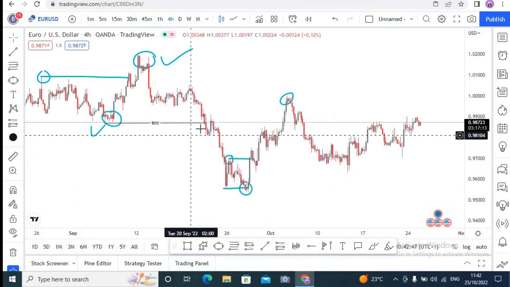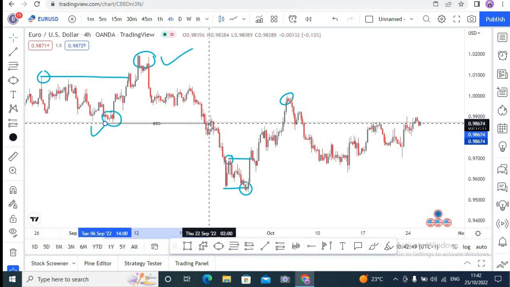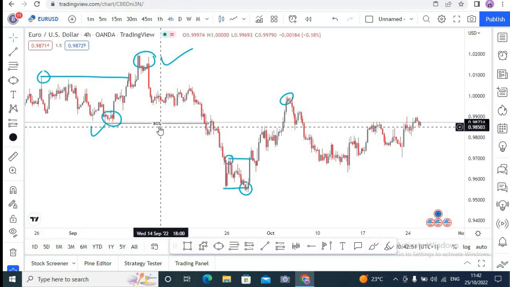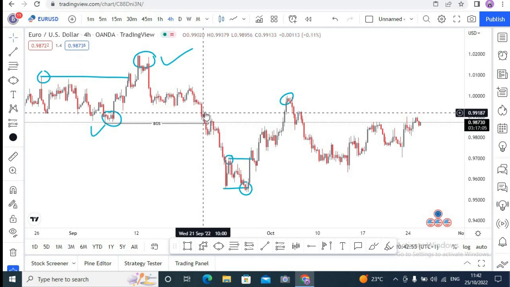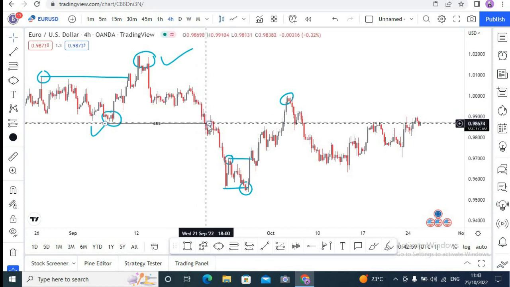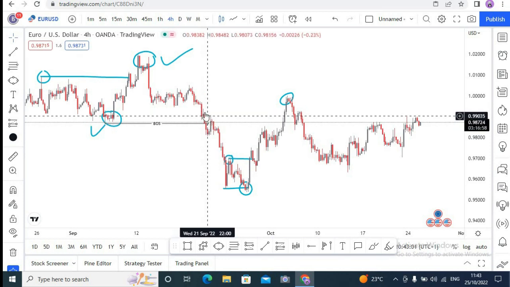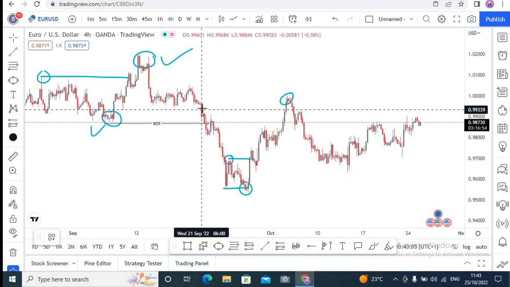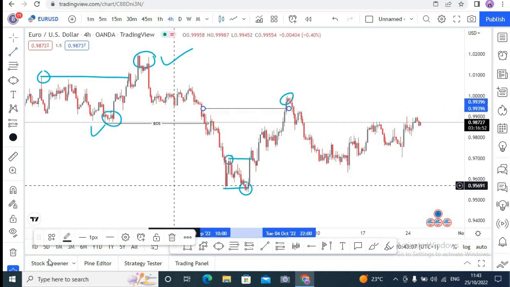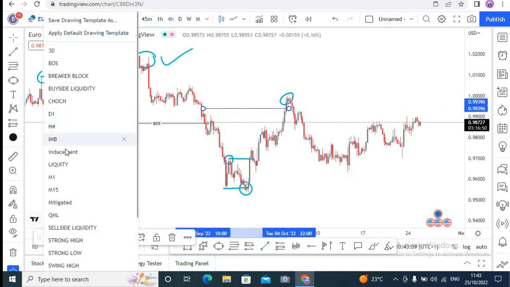right? As you can see, we did have a nice break of structure right there, and you can see that we also did have this opposite candlestick, which will now become our supply zone, but this one was being tested before. So whenever price is now coming back, this point will now become our inducement zone area, right?